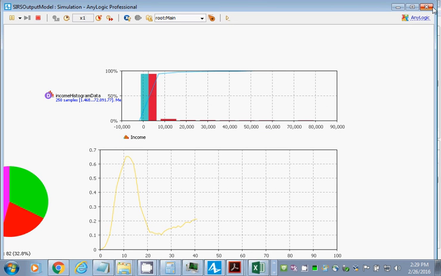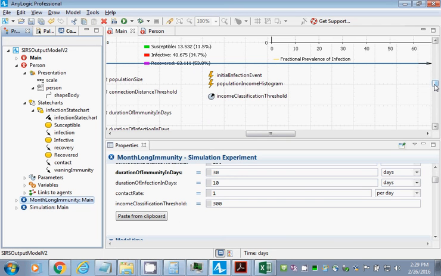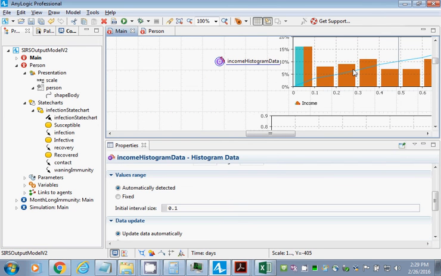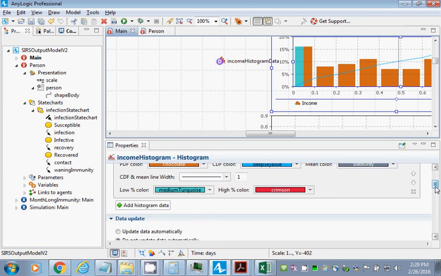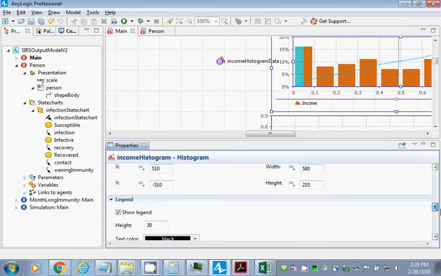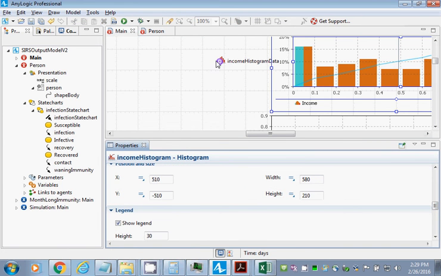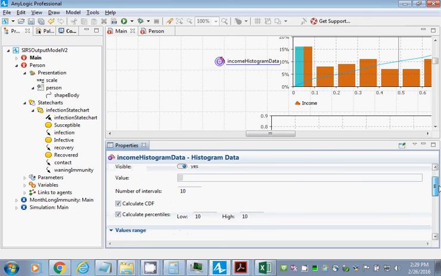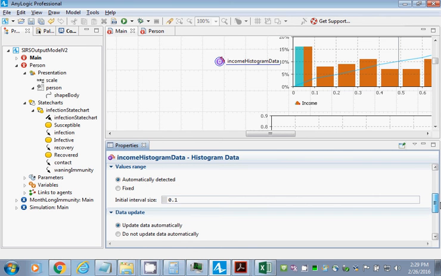How can we make it so that that histogram actually shows a defined set of range? How can we do that? Can anyone tell me? Option list. Okay, we can actually go to the histogram data and we can tell it something about what the values range is here.